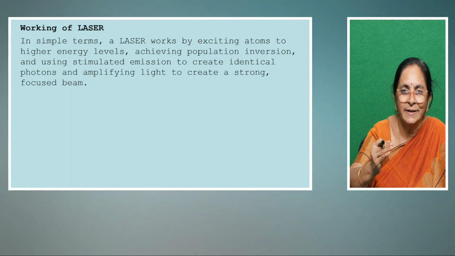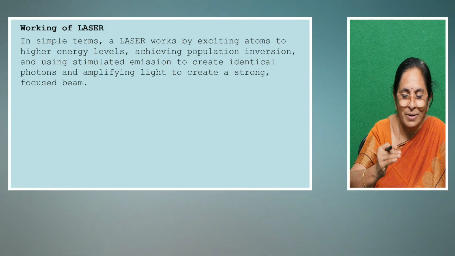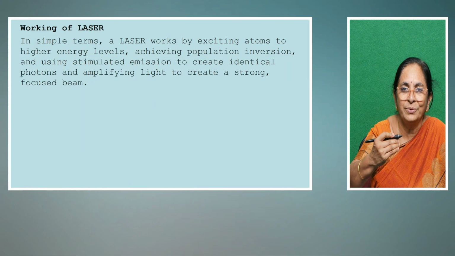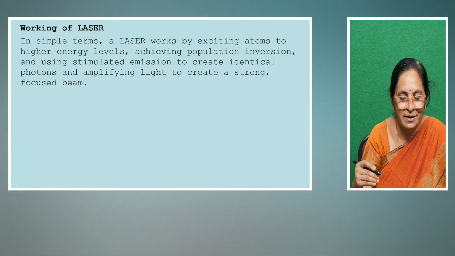I mentioned different methods, like optical pumping, electrical discharge, and direct conversion, all of which transfer the atoms from the ground state to the excited state. That is the first thing. Next, we need to send some energy and create stimulated emission.